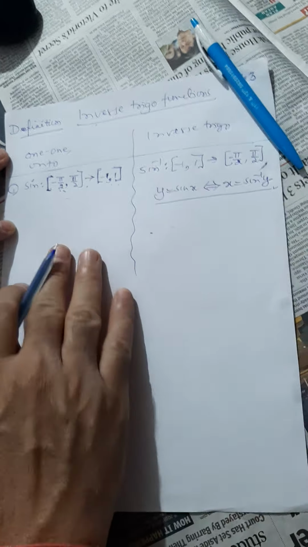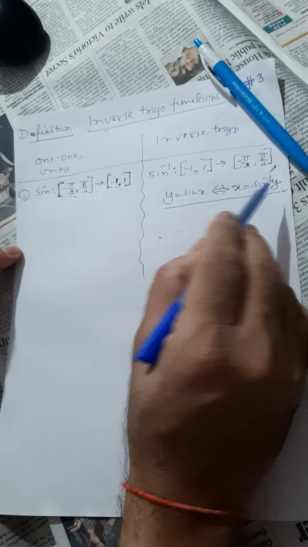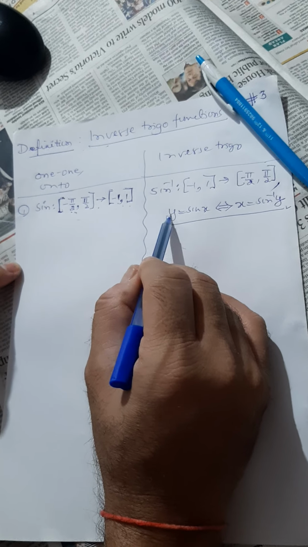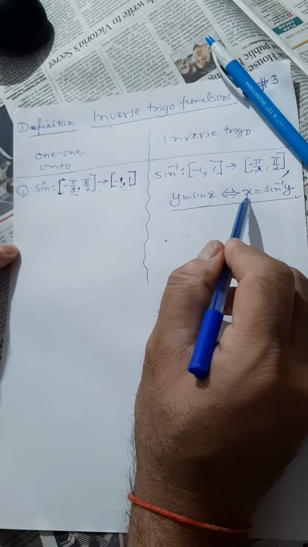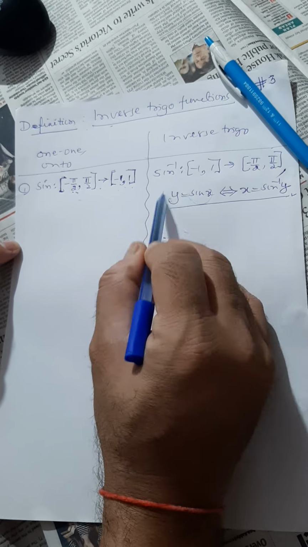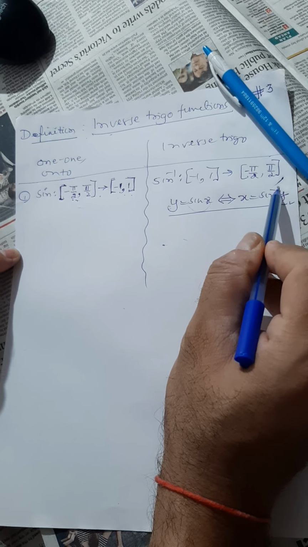This is the definition. I'll discuss with detailed examples what the meaning of this is, but this way we define it. We have interchanged x and y. Here y is expressed in terms of x, here x is expressed in terms of y. Here you make x the subject of the expression. This is read as sine inverse y, remember.